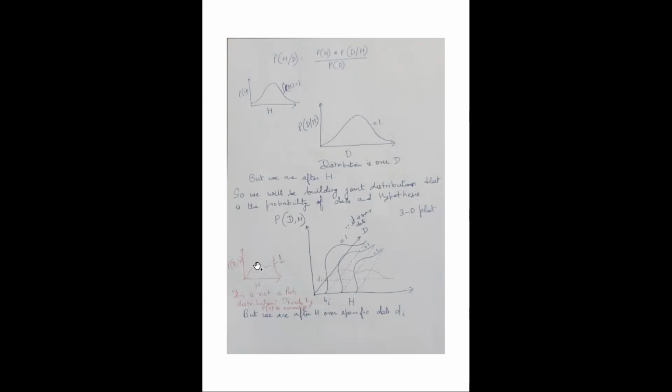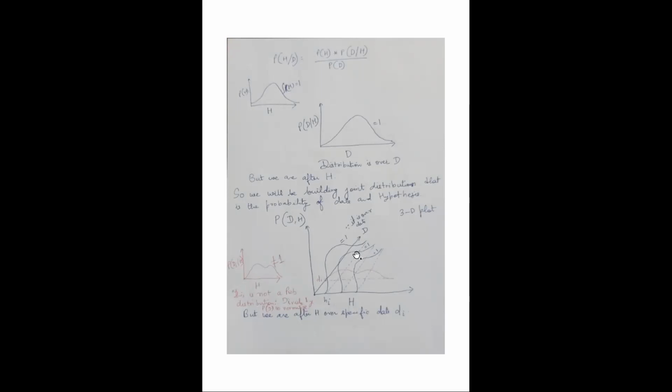Here you will get this type of curve, right? This is the joint distribution P(D given H) along with P(H) with respect to the hypothesis.